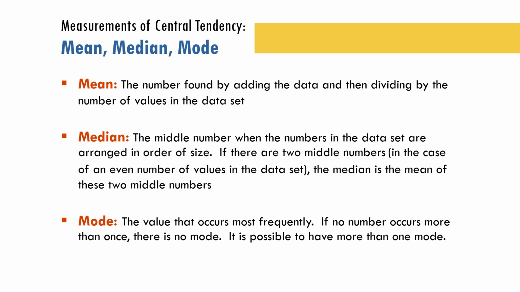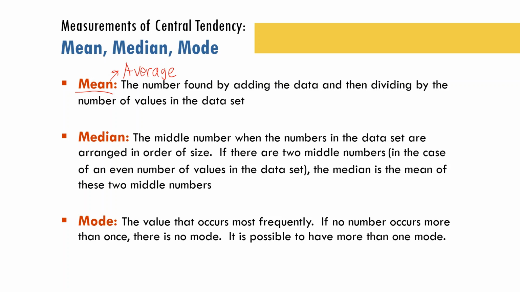The first one is the mean, or what we just call the average. The average or the mean is the number that you find by adding all the data and dividing by the number of values in the data set. The second one is the median. The median is the middle number.